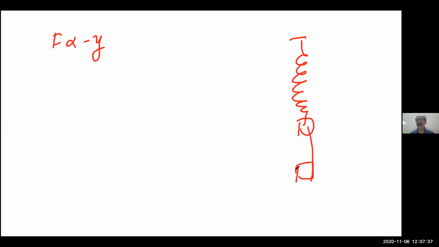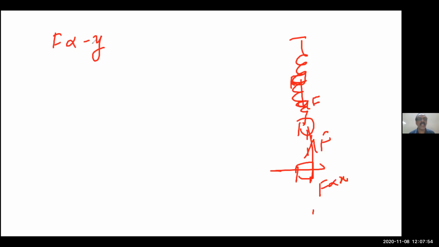Now, mathematically, F is proportional to minus y. Here they are taking the spring this way. See, we are pulling the spring down, so it oscillates. If it is coming down, the restoring force will be upward. If it is going up, the restoring force will be downward. The more displacement, the more restoring force develops, so that it can come back to its original place.